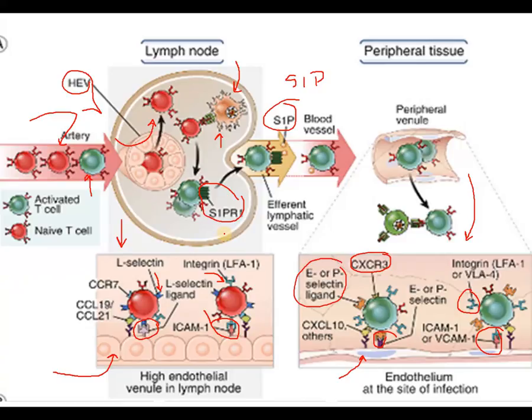And that means that the T cell is going to stay in the lymph node and allow it to clonally expand and proliferate and differentiate into an effector cell. Once that clonal expansion and differentiation is over, the sphingosine 1-phosphate receptor expression is increased.